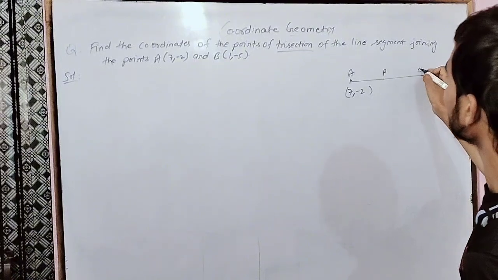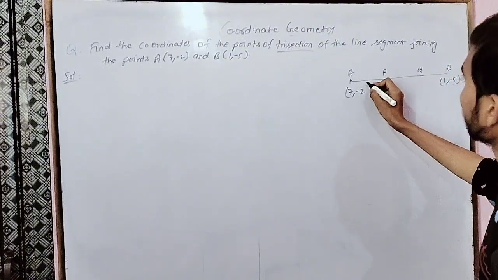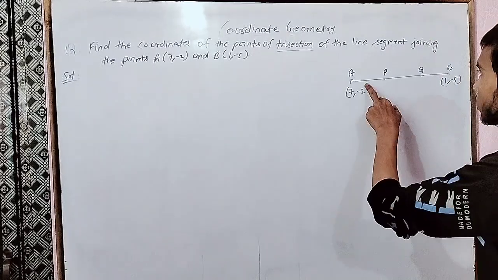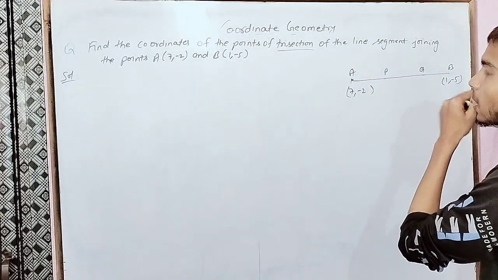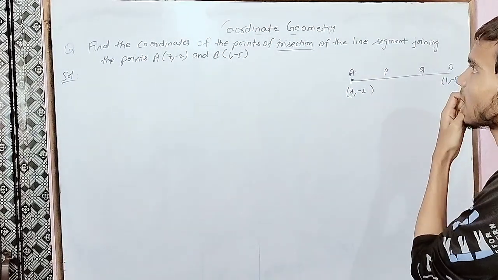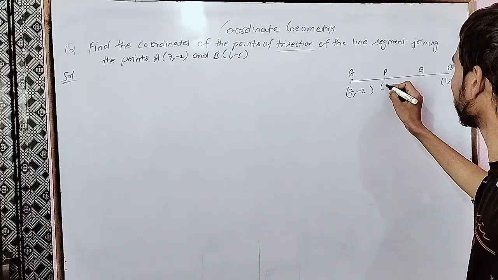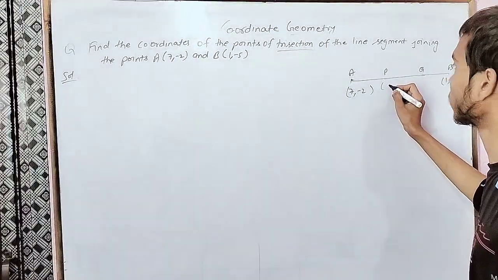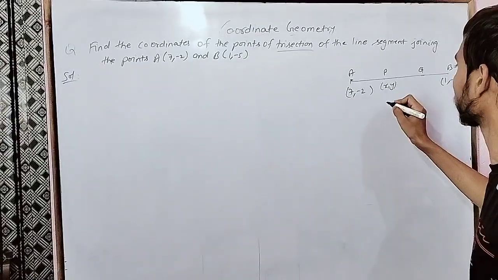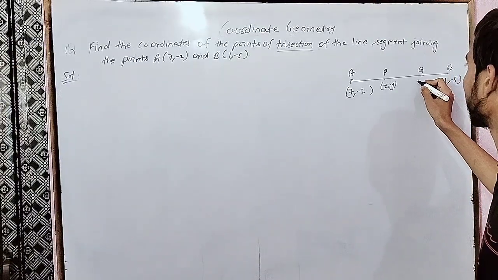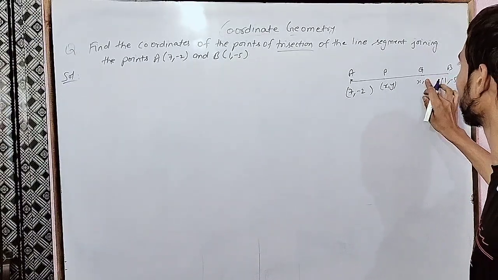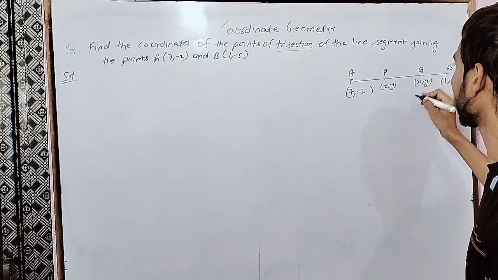Let's say this is P, this is Q. 1, 2, 3. We don't know what is here. Let's say this is x comma y.